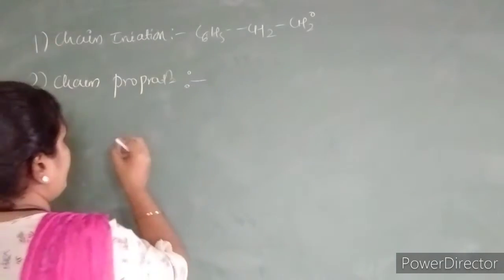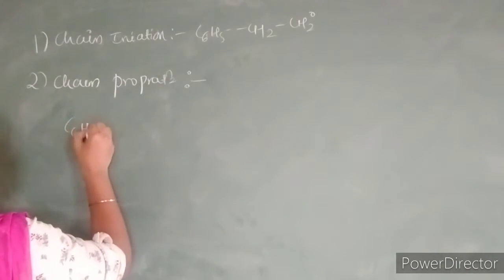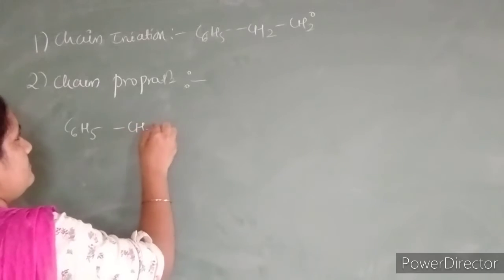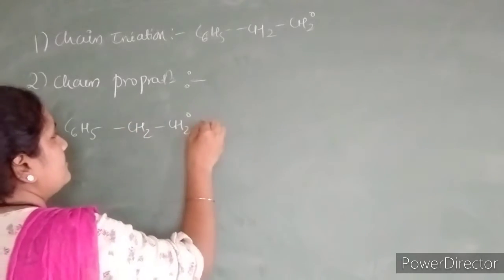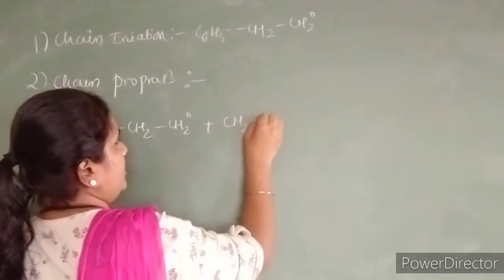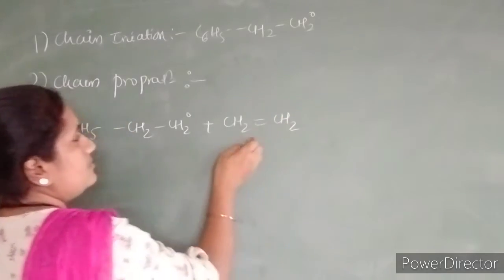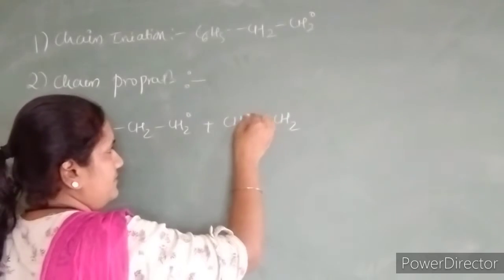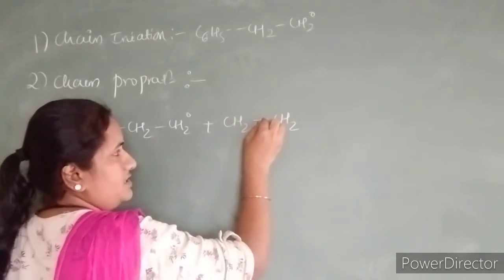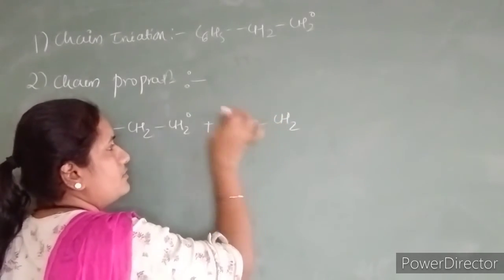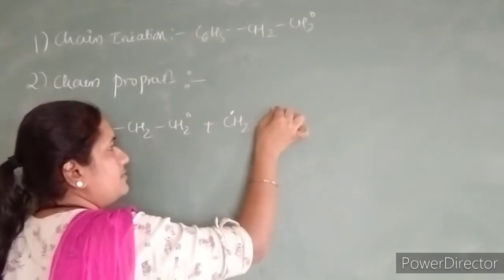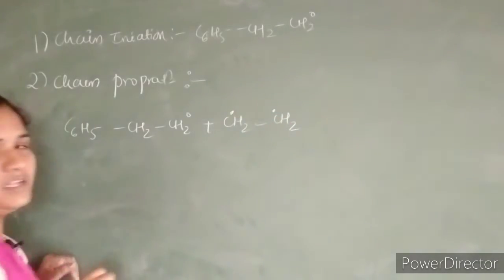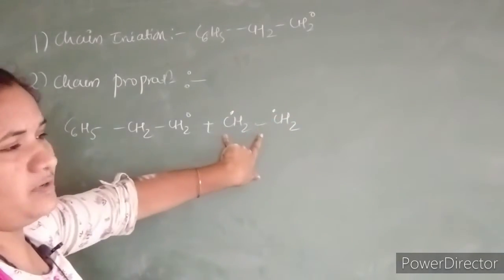Here this C6H5 radical reacts with one more ethene molecule. This ethene molecule also undergoes cleavage. As a result, the double bond undergoes cleavage and radicals form over both the carbon atoms.